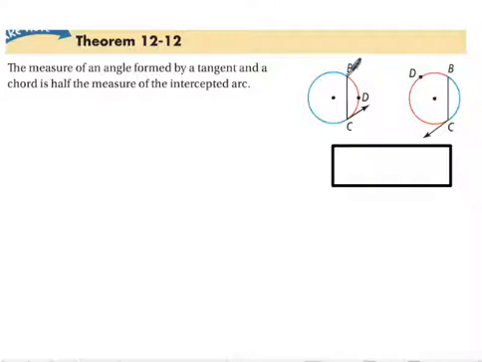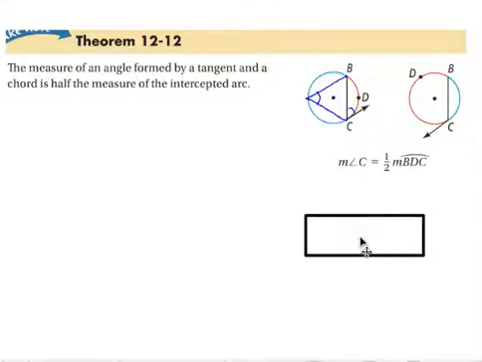Even if I choose to use a chord here, it's still intersecting with this arc here, which means that, again, it's going to be half of that arc measure. So this angle here is the same as this one here, and it is half of that angle measure.